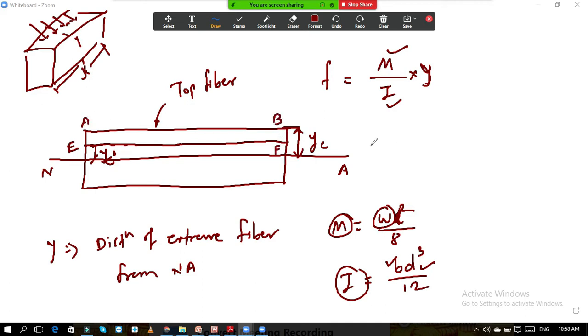Naturally, at this layer EF, the distance YC dash is less as compared to layer AB, the distance YC. YC means the distance of the topmost fiber, the compression fiber. So this is greater, and if you multiply by the greater distance, you will get the greater stress.